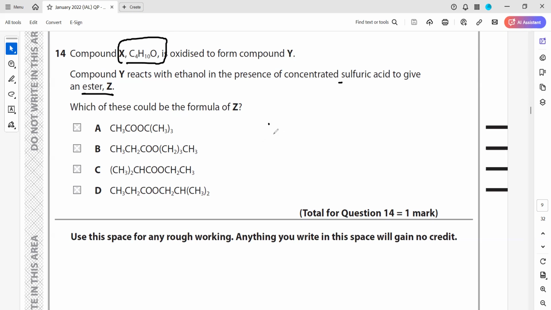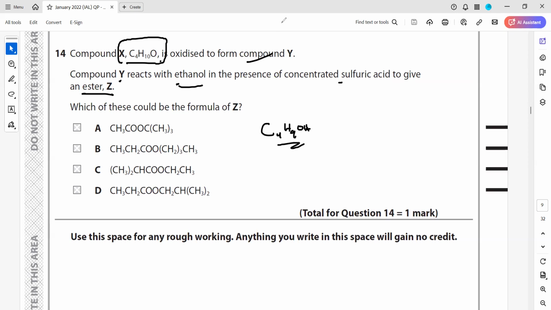So this is C4H9OH. So this is an alcohol, butanol. Compound X is oxidized.